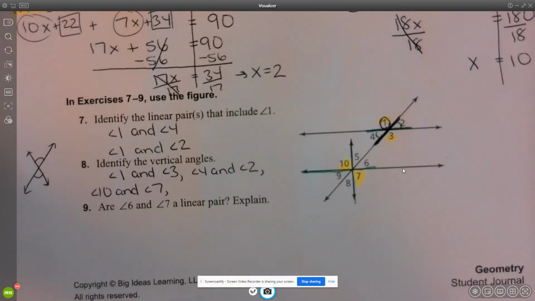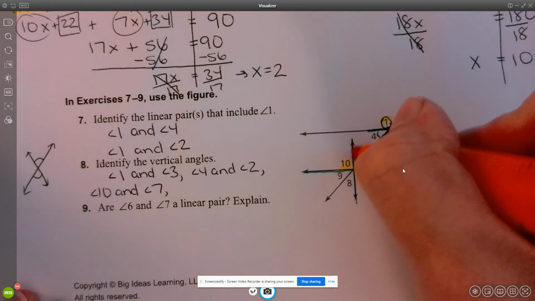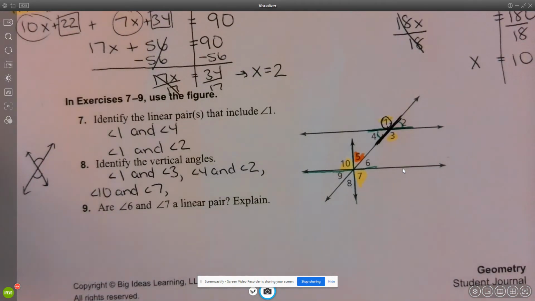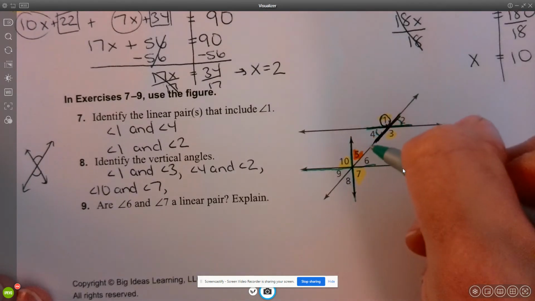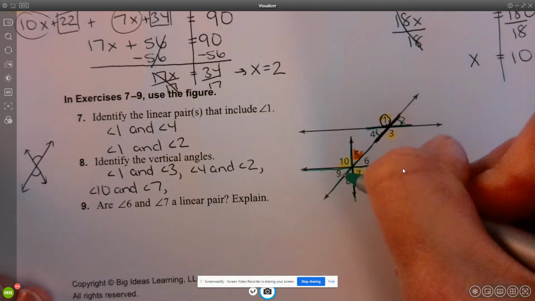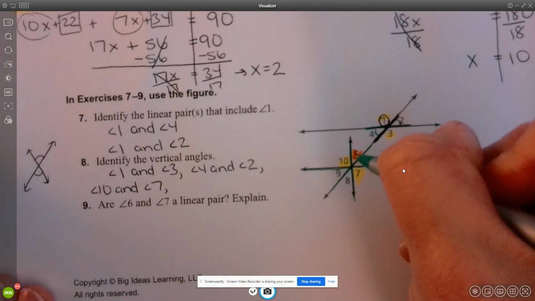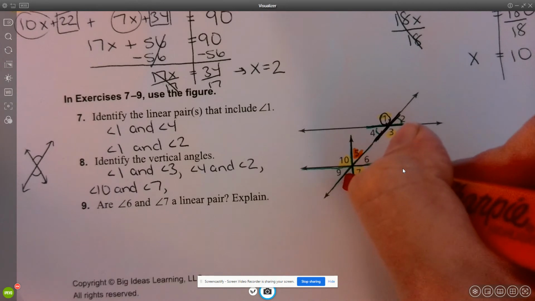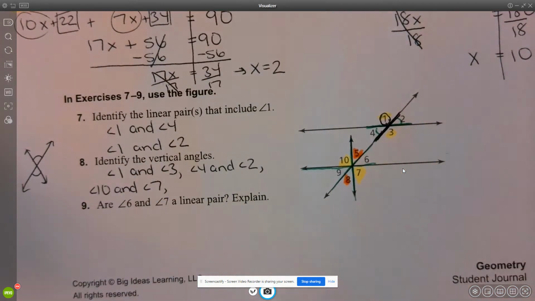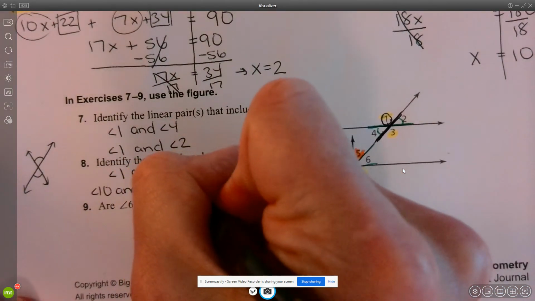Let's look at angle 5. The lines now that I'm looking at are this line and this line. And so the angle opposite angle 5 is angle 8. So angle 5 and angle 8 are vertical angles.